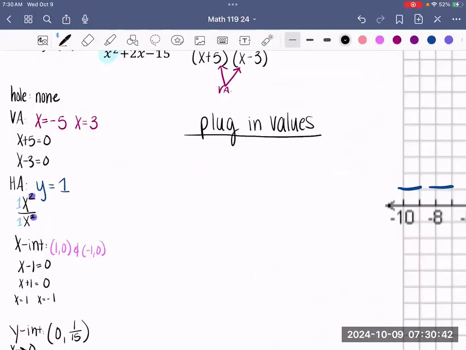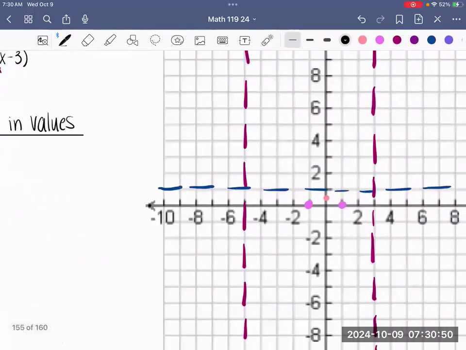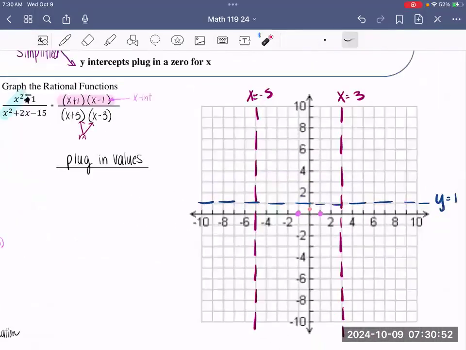We typically want 2 values or 1 value on either side of your vertical asymptote. So your vertical asymptote is over here, and we want to pick 1 or 2 points on the left-hand side of your asymptote. Pick an x value that you would like to plug in from the left-hand side.